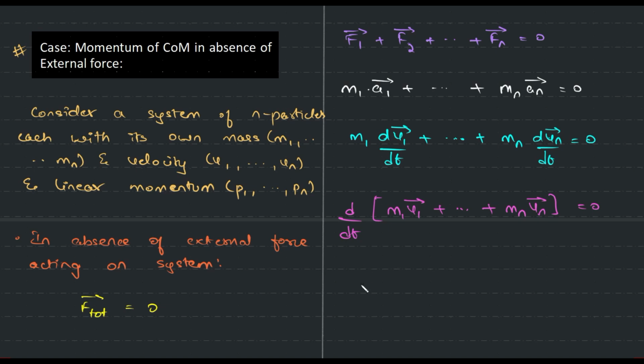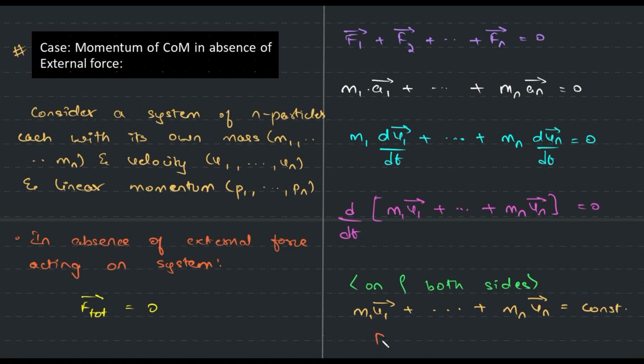Now, if we integrate both the sides, what do you end up with? This will disappear and you have m1 v1 plus mn vn. This entire thing is equal to a constant, right?